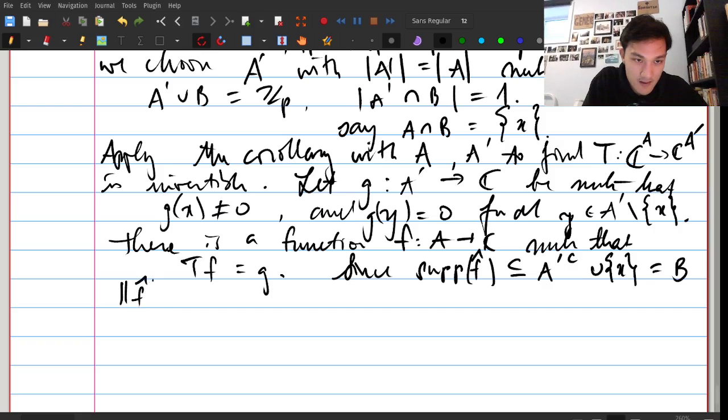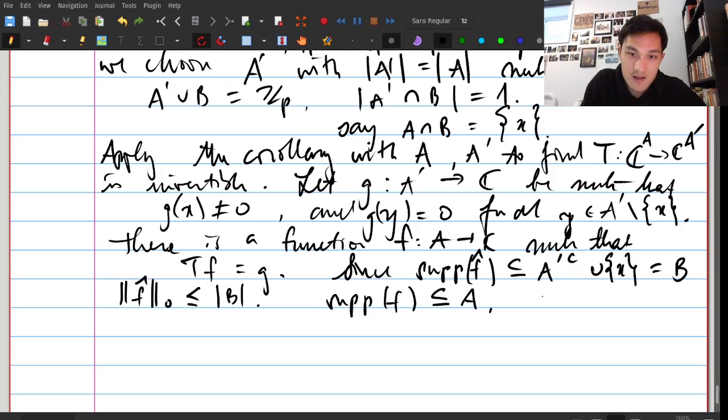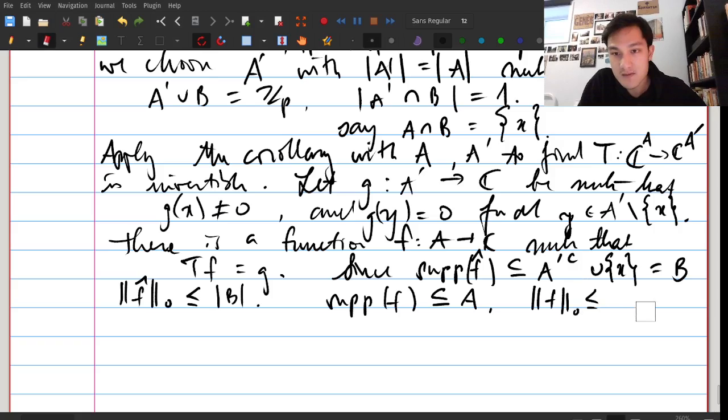But this is actually equal to b, right? So we have that the size of the support of f hat is less than or equal to the size of B. And also, since the support of f is a subset of A, we also have the size of the support of f is at most the size of A. Sorry, it's not B, it's supposed to be A. But now, because the sizes of A and B add up to exactly p plus 1, we need to have equality here, or else we'll violate the first paragraph, which we already proved.